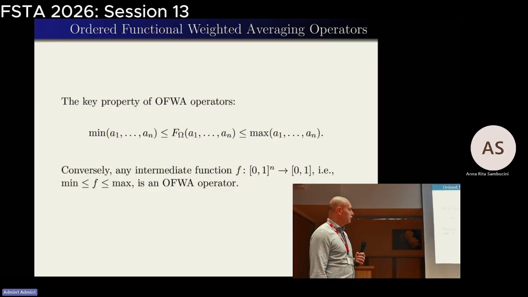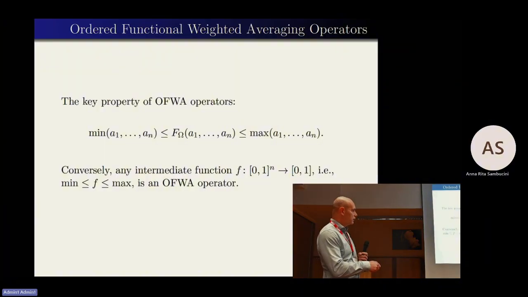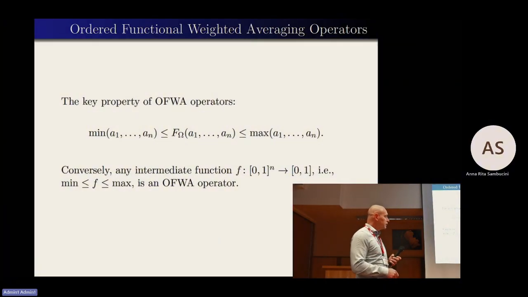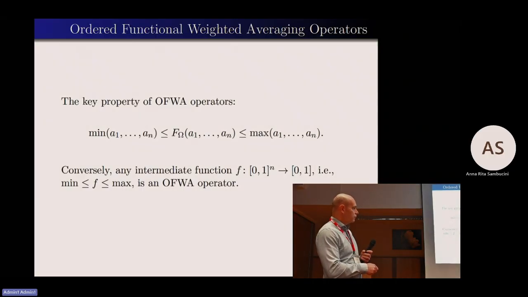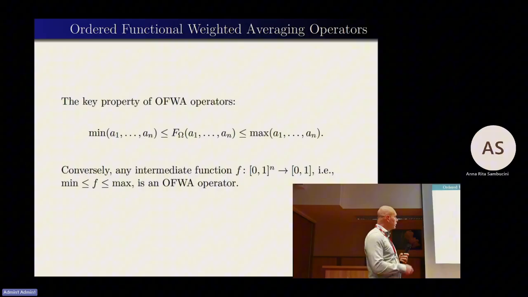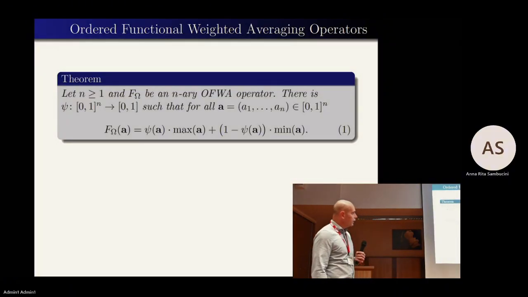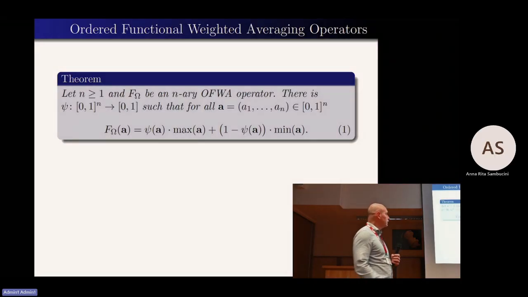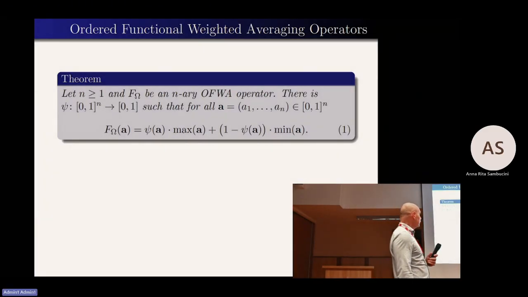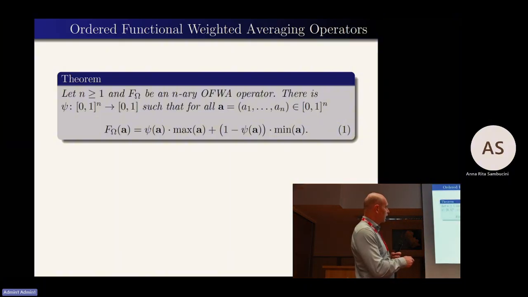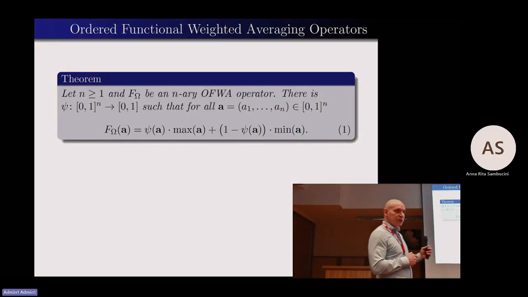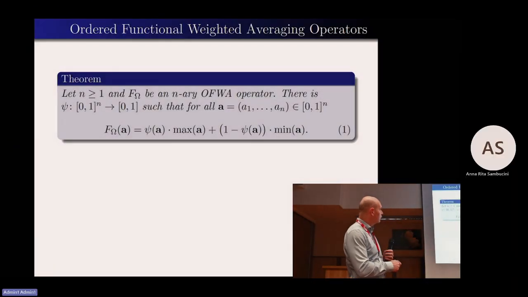What is important is that any intermediate function, that is a function between minimum and maximum, can be represented as an OFWA operator, and this representation is given with this simple formula, which involves only one function. So any intermediate function can be represented as this kind of operator, and instead of n independent functions, we use only one.